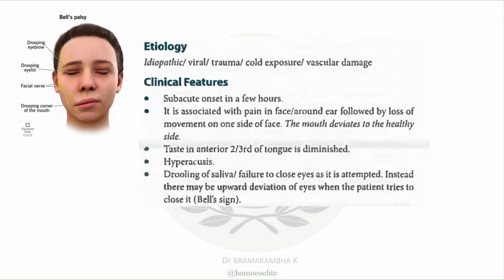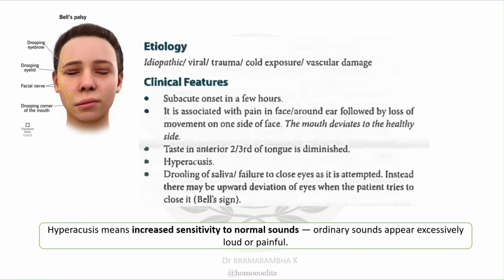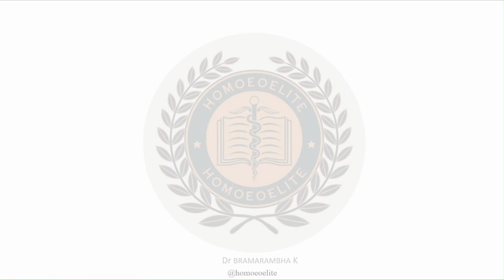There is hyperacusis, drooling of saliva, or failure to close the eyes if attempted. Or else there can be upward deviation of the eyes when the patient tries to close them. This is Bell's sign. Hyperacusis means increased sensitivity to sounds, so ordinary sounds appear excessively loud and painful for them.